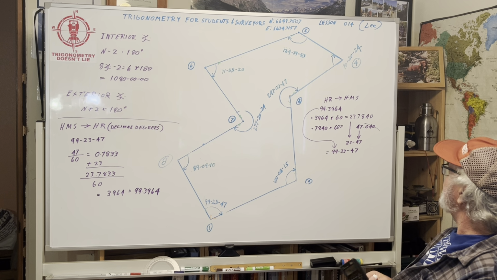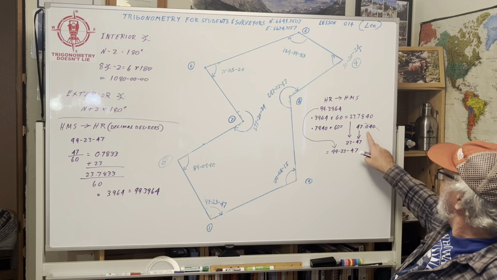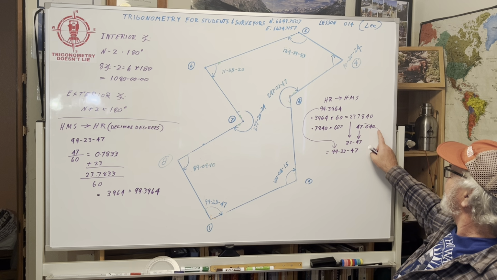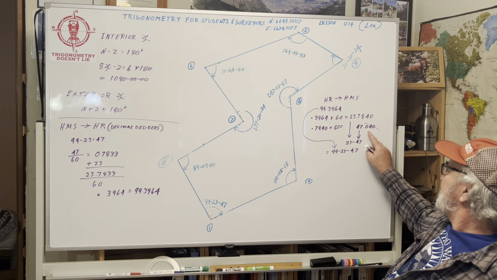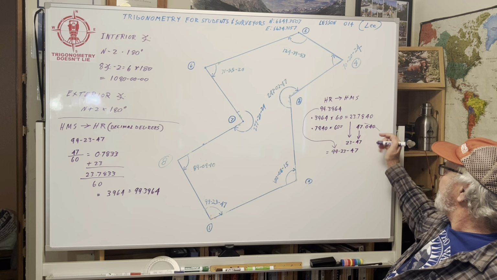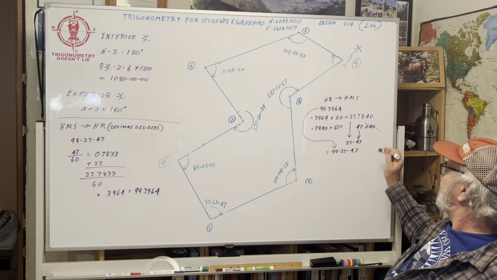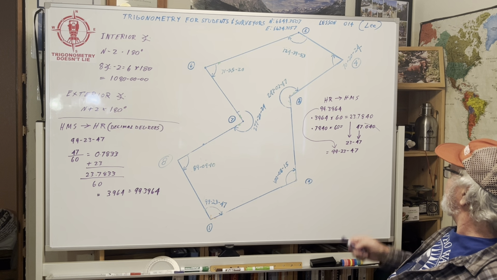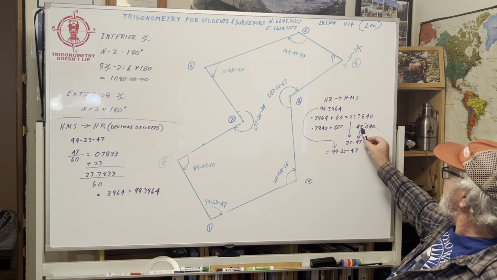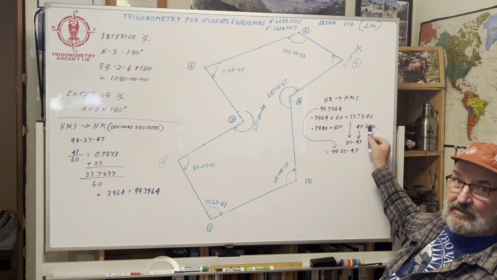And that equals 47.04. Now what I've done here, I put a slash through the 04 because that's a carryover. This is 47 seconds, so 0.04, you just drop that. The only exception I would make is if this was, say, 47.99, I would probably round that up to 48.